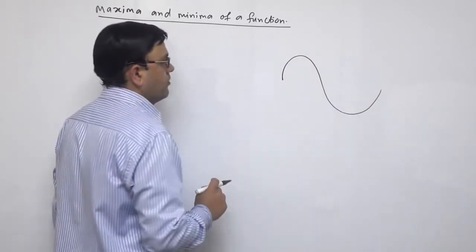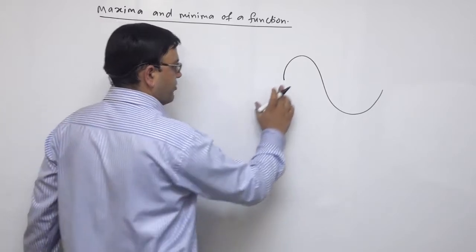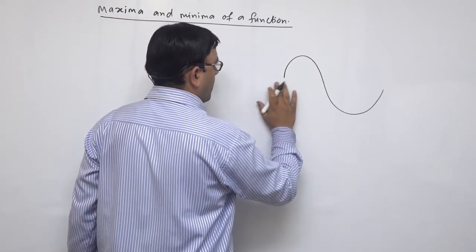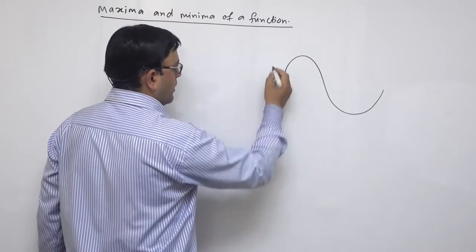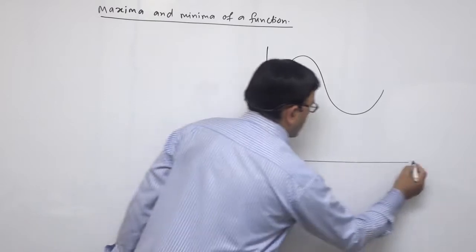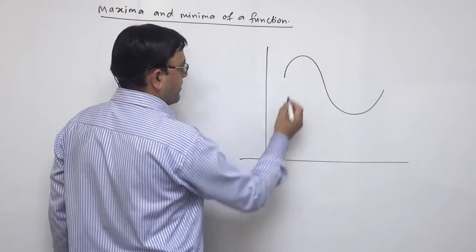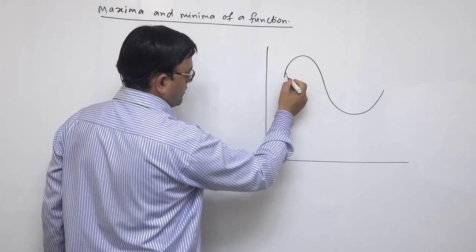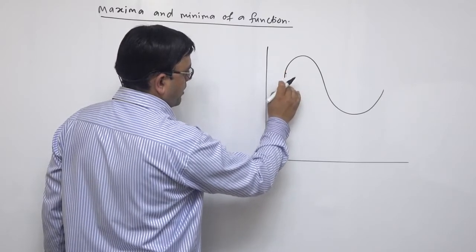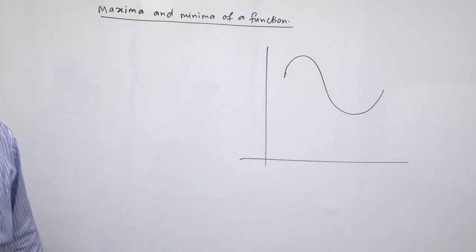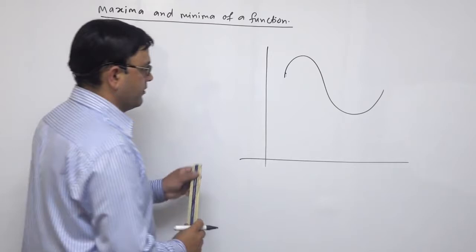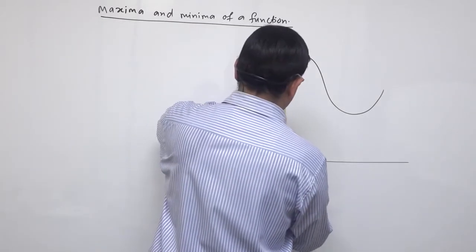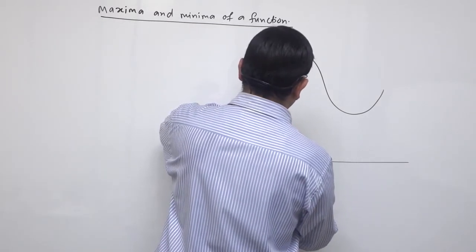Again, we are going to observe this one curve line on the first quadrant. Let us take one point somewhere here. We can draw one perpendicular line from here to here.